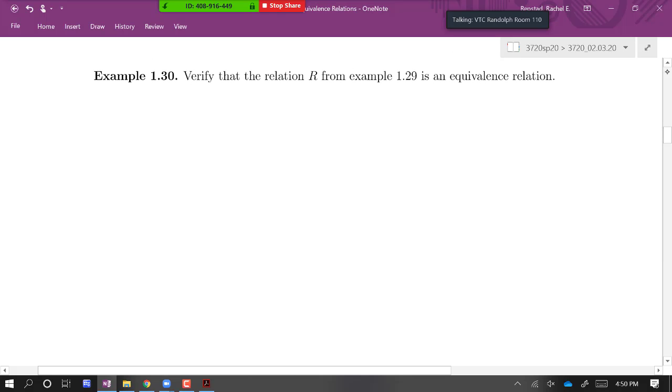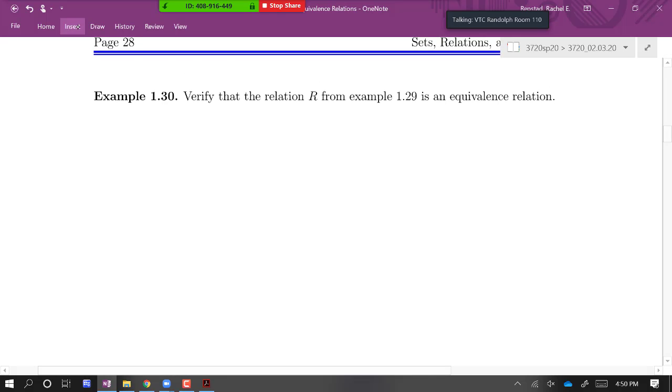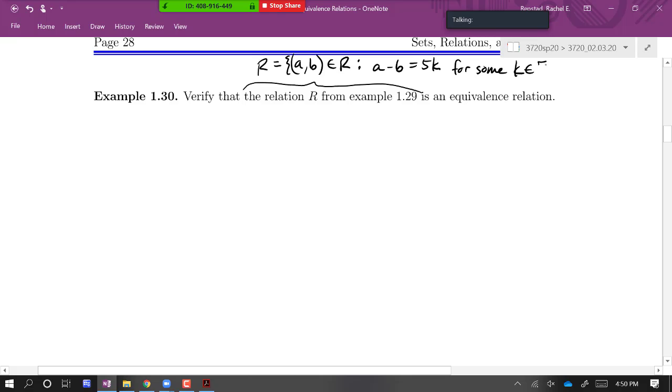The first thing I'll do is rewrite the relation from example 129: a is related to b if a minus b is a multiple of 5. We're going to show it's an equivalence relation, which means we show that it's reflexive, symmetric, and transitive.